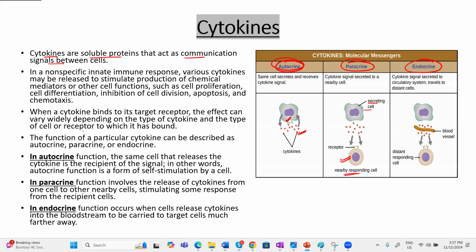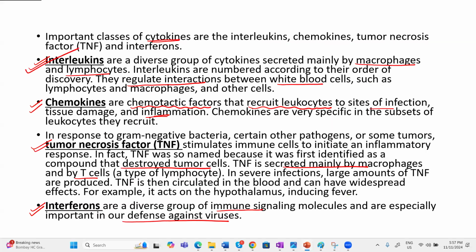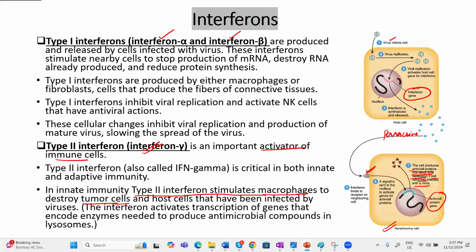For cytokines, first is interleukin, then chemokines, tumor necrosis factor, and interferon. Interferon alpha and beta act against virus-infected cells. The second type is gamma, which is the actual activator of immune cells. Clear? Cytokine types and interferon types.